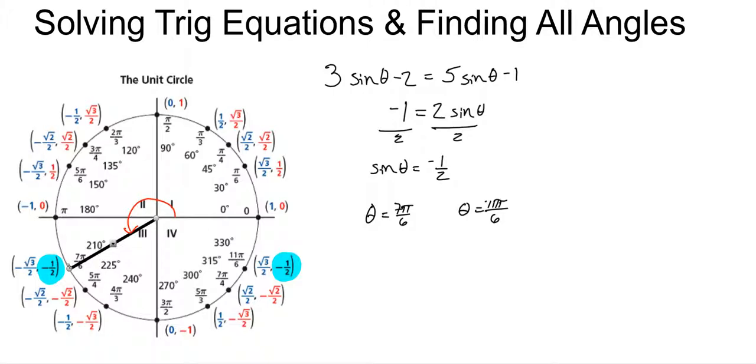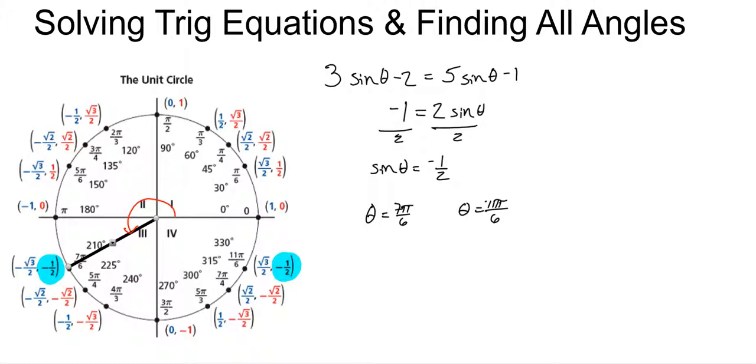So not only is 7 pi over 6 going to be a solution, but if I add 2 pi to 7 pi over 6, that's going to be a solution. So if I went around again, all the way around the unit circle, once again 2 pi radians, that's again going to be a sine of theta equal to a negative 1/2.